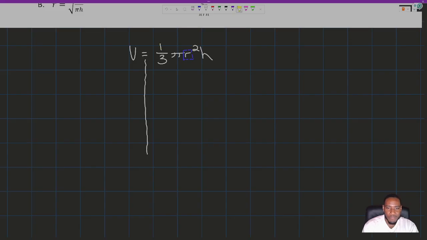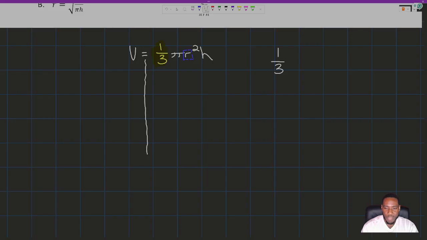Now, the first thing we can focus on is the 1/3, right? Because that's the fraction, the thing that might give you the most difficulty in trying to figure out how you would work with this. But I want you to remember that we can get rid of a fraction completely, right? We don't just end up with a whole number. We get rid of it, kind of like if we were canceling out anything else, if we multiply by its reciprocal. And what that means is the flip, the inverse.